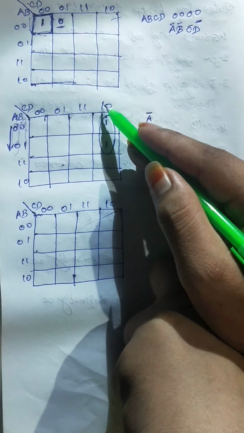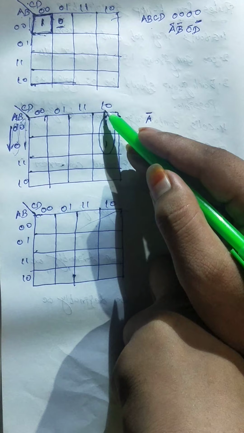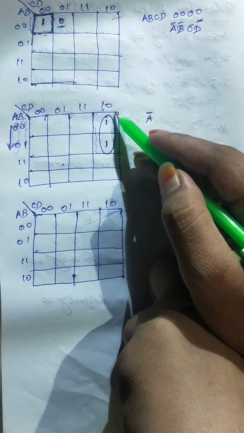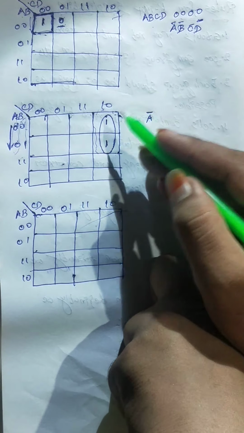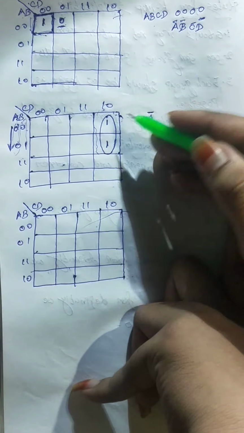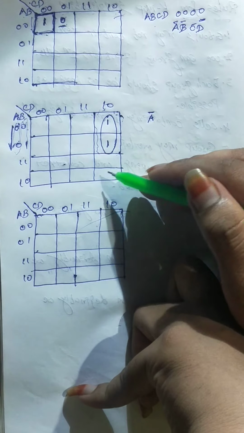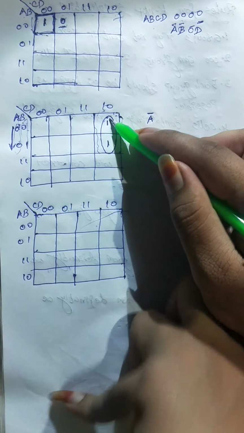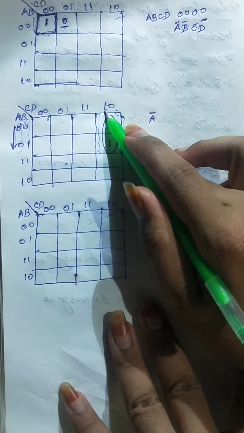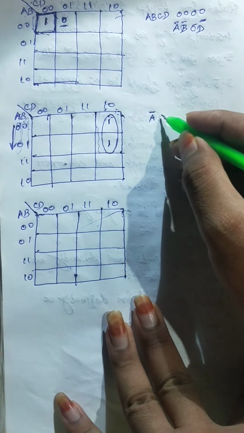And here only a single cell combination. Therefore here we consider one cell. Therefore we take the 1 0 value.